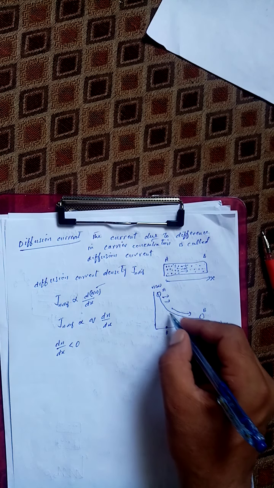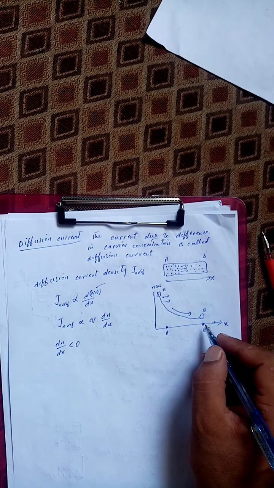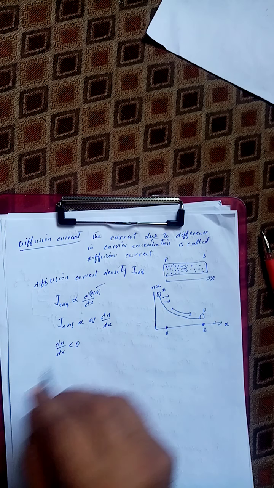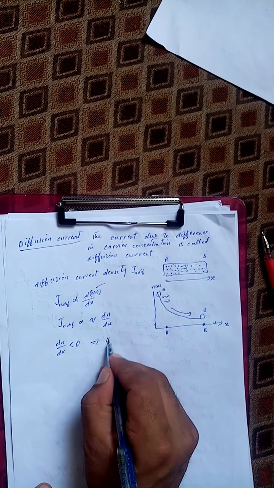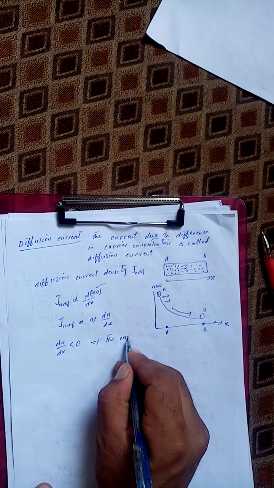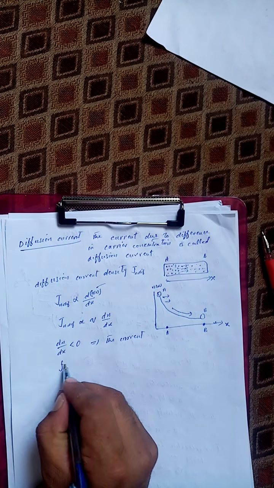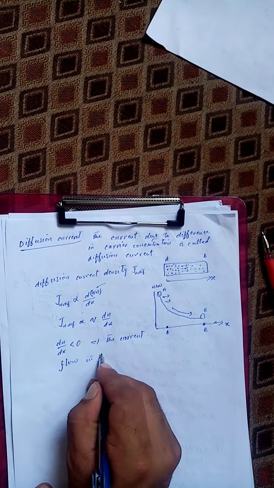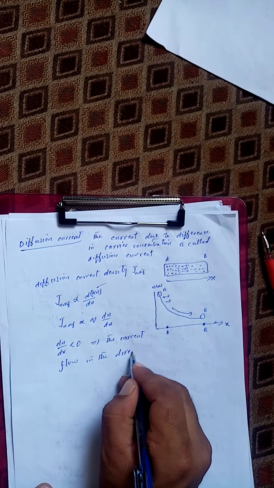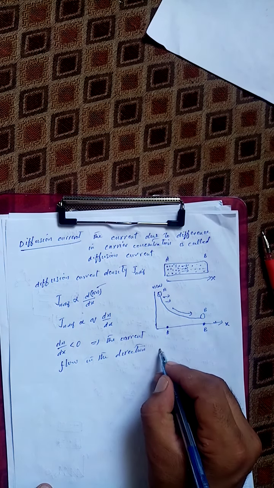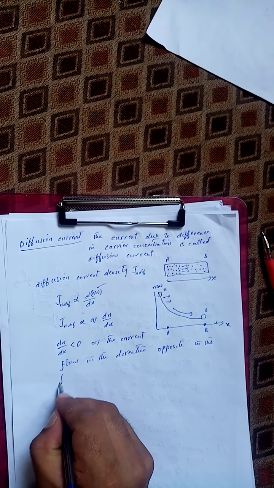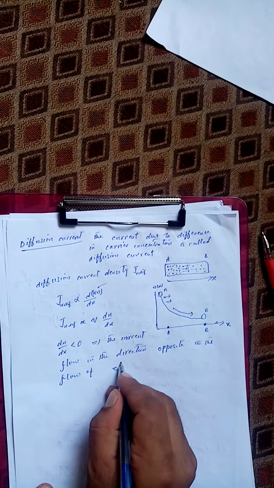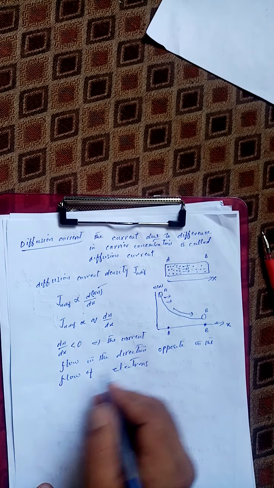Why? Because the slope of this curve is negative, which indicates that the current flows in a direction opposite to the flow of electrons. Why is this negative?